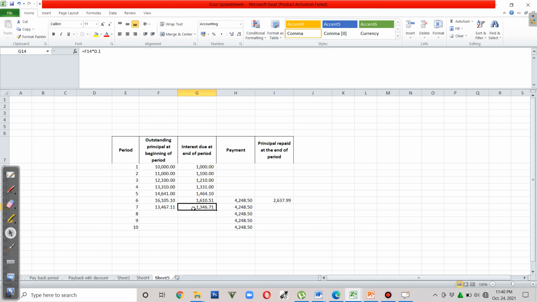So, it is now declining when the payment will start to begin. Okay? So, ngayon, yung payment, itong payment minus interest due at the end of the period, yun na yung principal repaid at the end of the period. So, itong nabayaran na to, babawas mo ulit dito, 13,000 minus, yan, 10,565.